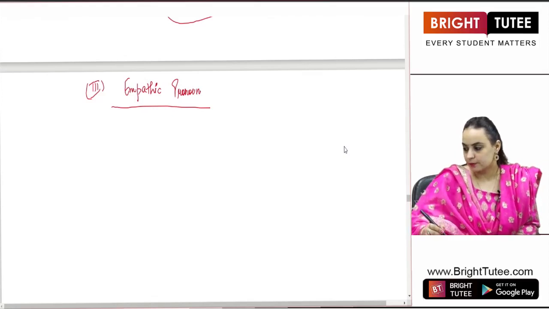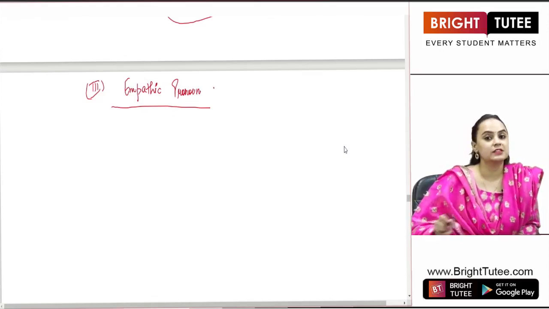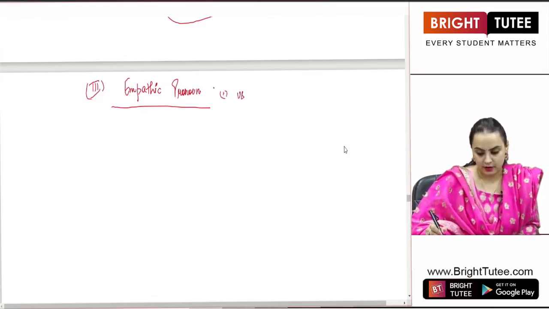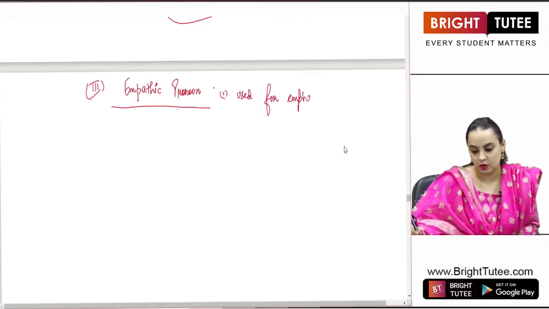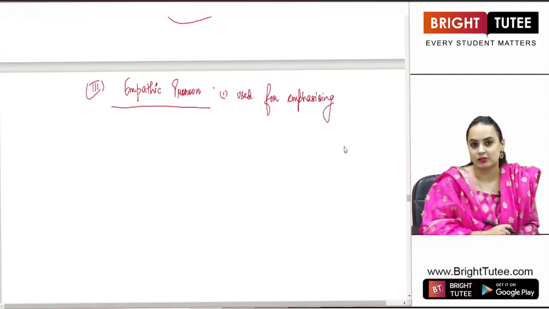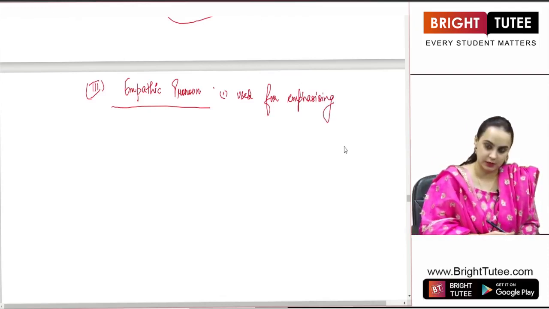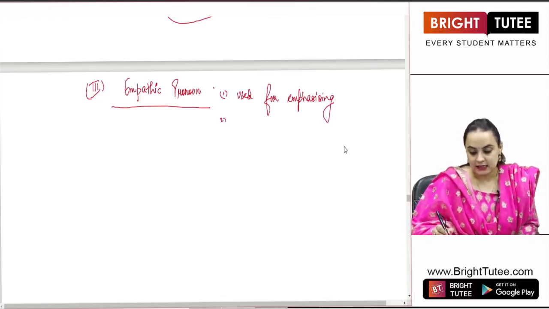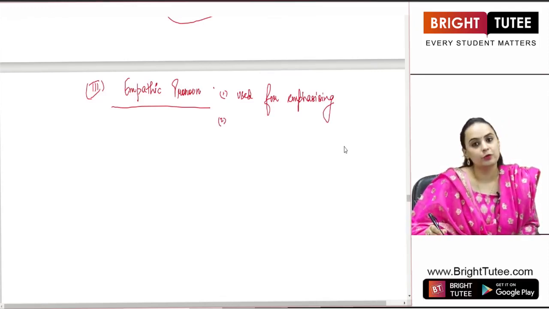Now, emphatic pronouns, as the name suggests, are used for emphasizing on something. So, laying stress on something, we use the emphatic pronouns. These are the reflexive pronouns only.